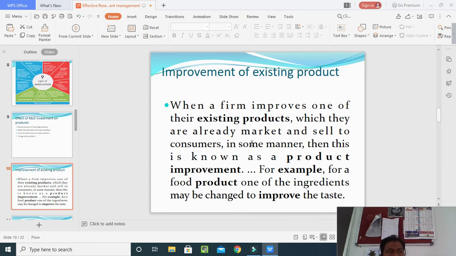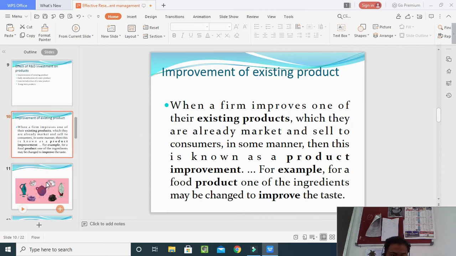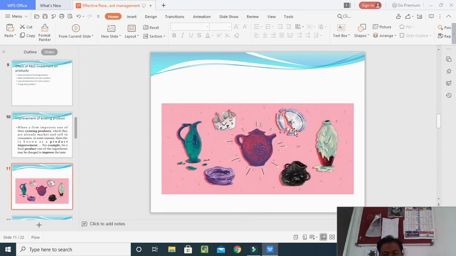That means adding a new feature in the product. Now, if you see the picture, in the olden days how the utensils were used, now they have made this; the material is the same, but the design is different. They have just changed the design and color, so it is getting preference.